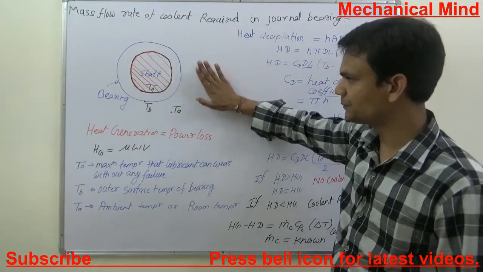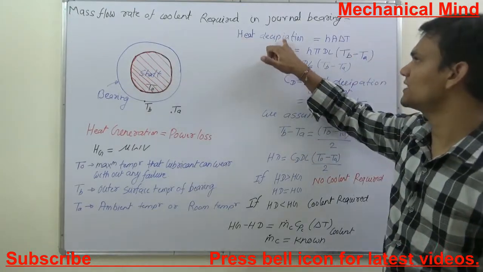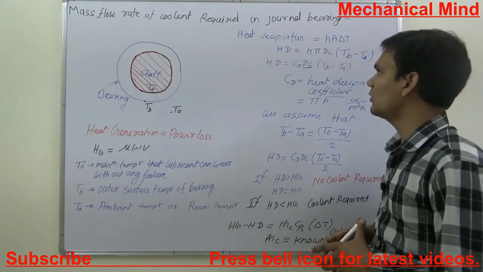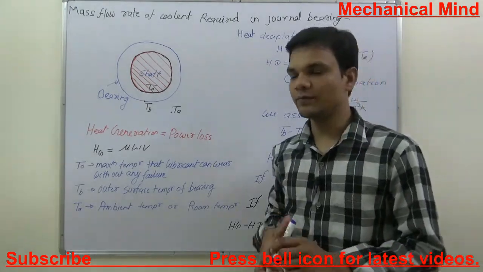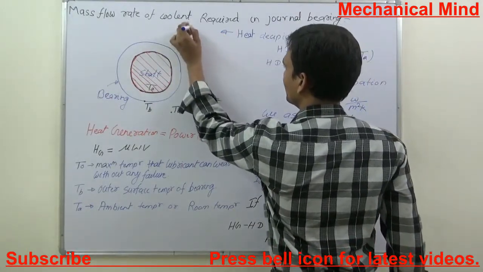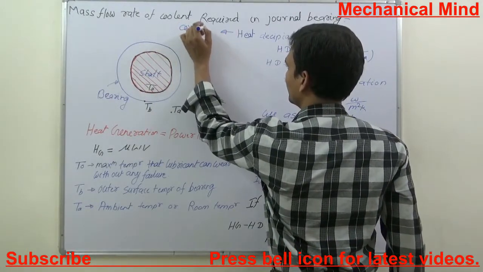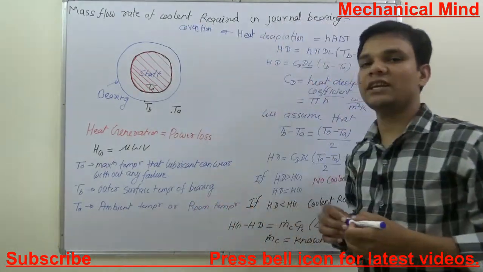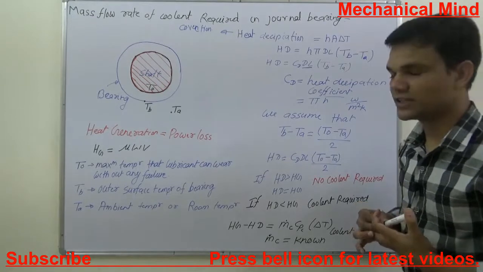Here I write heat dissipation is equal to hAΔT. This is the formula of Newton's law of cooling, also known as the convection formula. In solids, heat transfer takes place by conduction.